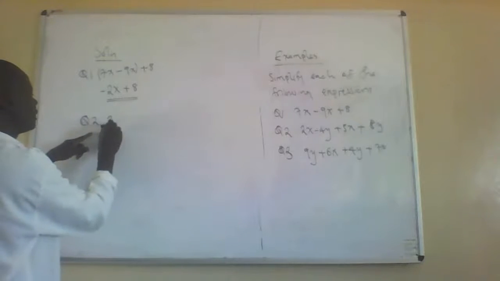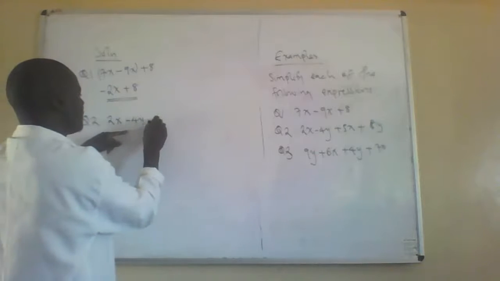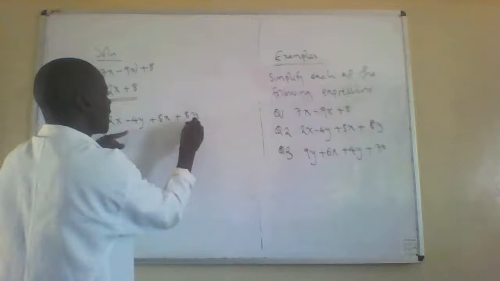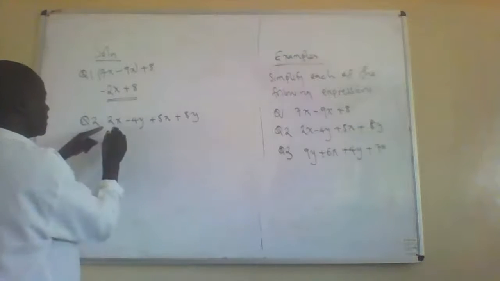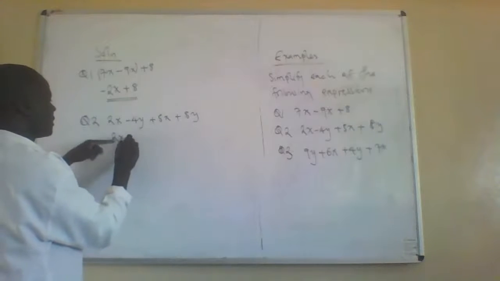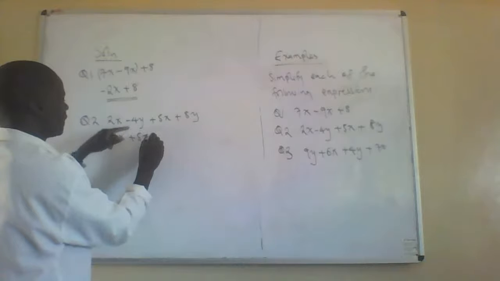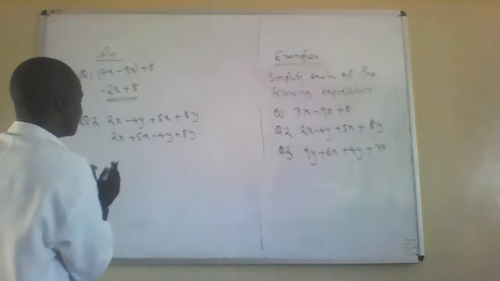Question 2, we have 2x minus 4y plus 5x, then plus 8y. First thing first, like terms. So what terms are here? So we have 2x plus 5x. And then minus 4y plus 8y.